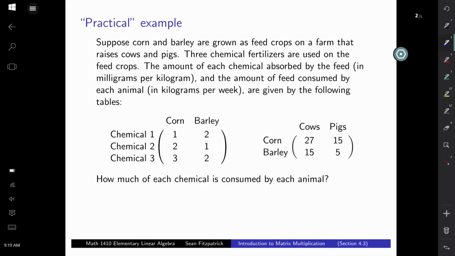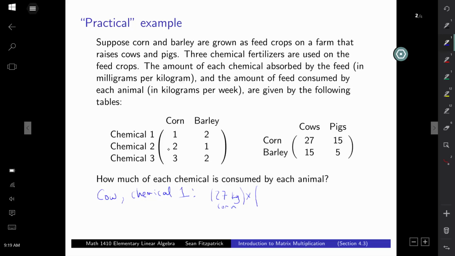So let's say we want to know how much of chemical 1 is consumed by the cow. How do we figure this out? The cow eats 27 kilograms of corn. Since we know how much corn the cow eats and how much chemical is in the corn, we can multiply those.